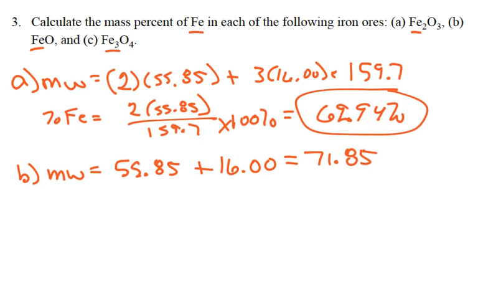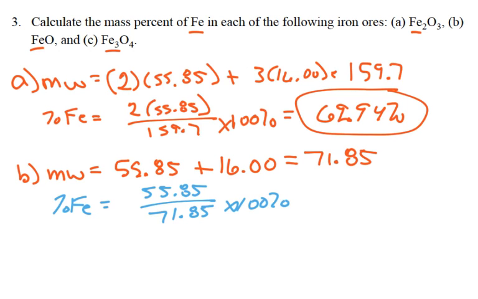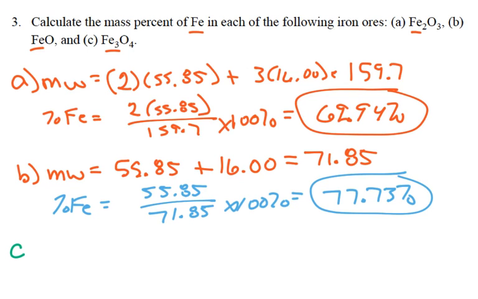So our percent iron equals 55.85, because there's only one of them, over 71.85 times 100% equals 77.73%. This is actually how you can tell the difference between these compounds. You can analyze them for iron and determine a percent composition, and then you could say, well, it's not this one, it's not this one, whatever.